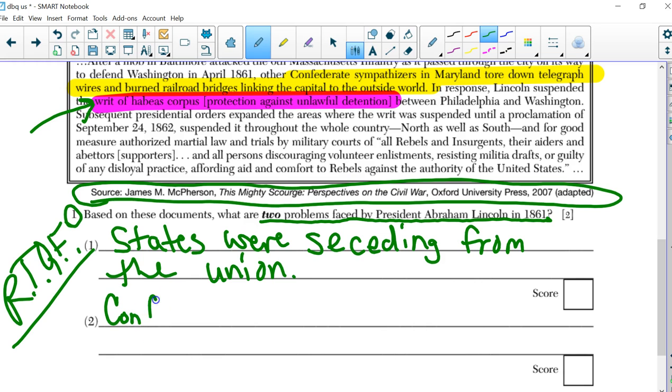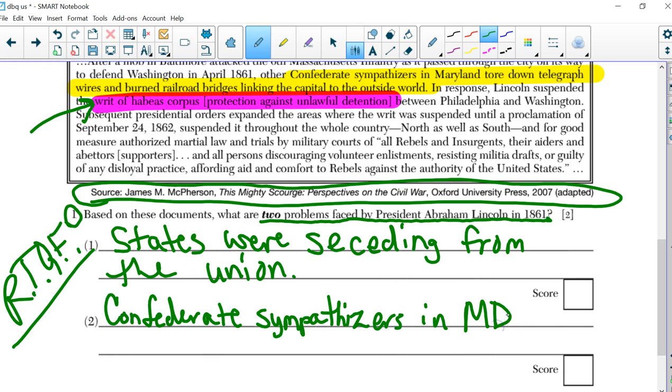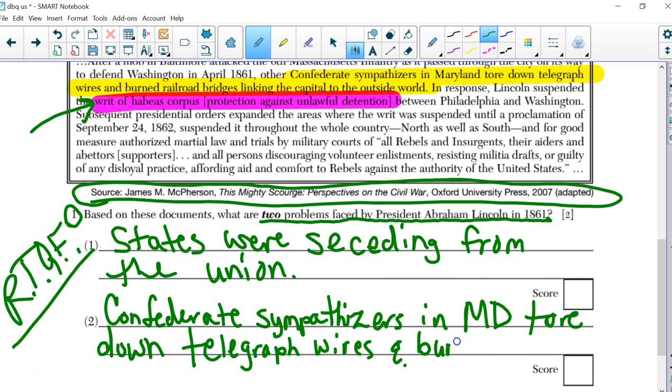Confederate sympathizers, excuse my writing, in Maryland, tore down telegraph wires and burned bridges, railroad bridges. I ran out of room because I write too big.